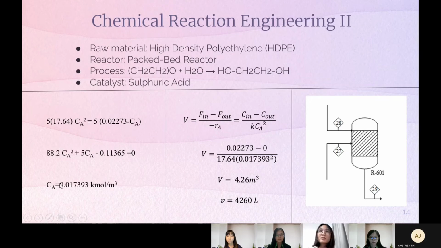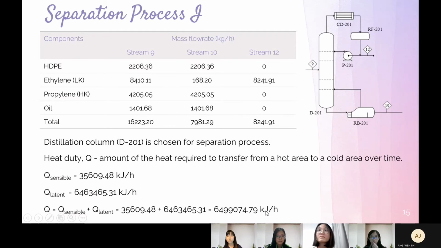From this formula, we get that the concentration of the ethylene oxide is 0.017393 kmol per meter cube. Well, the volume of the reactor we get is 4,260 liters.